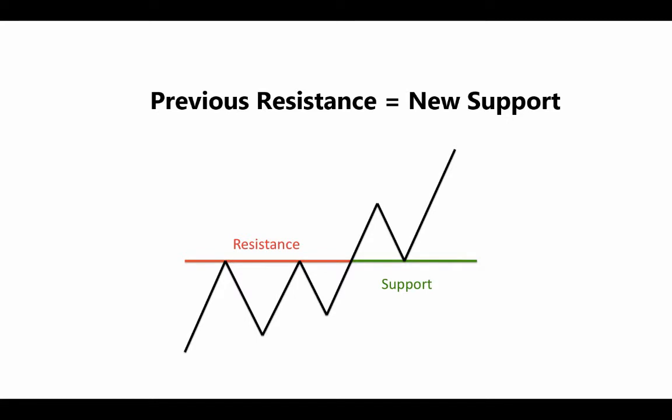If you see the market breaking out of a ranging or sideways scenario, previous resistance levels will become support. So when a level is broken, trading setups can be identified by retracements coming back to previous support or resistance.